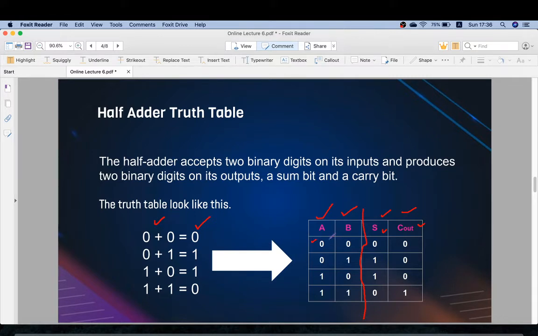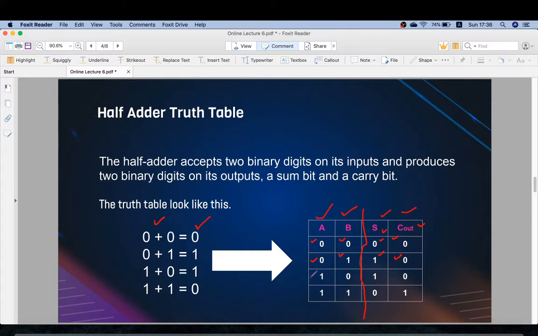If the input is 0 0, the output will be 0, and carry is also 0 because there is no remaining variable. If the input is 0 and 1, the output will be 1 and carry will be 0 because there is no remaining variable.